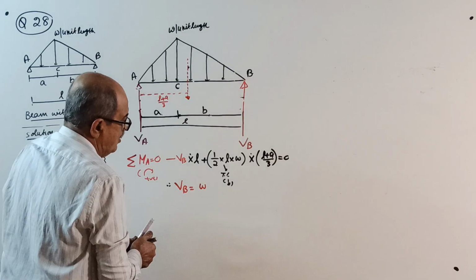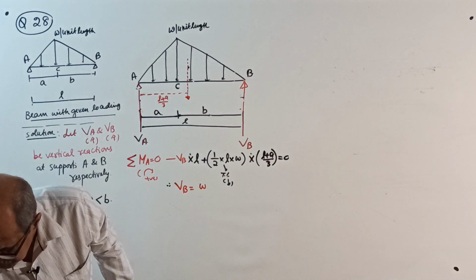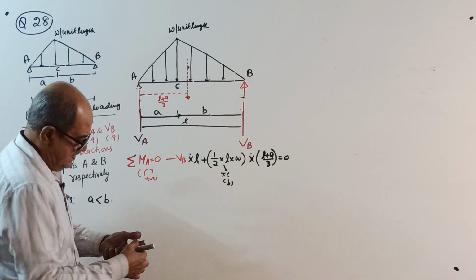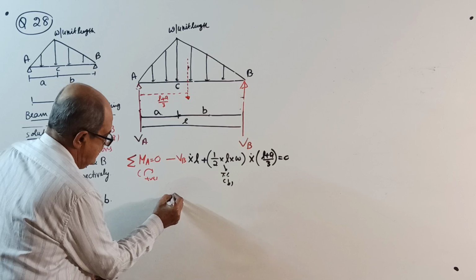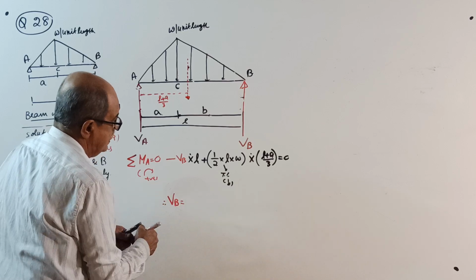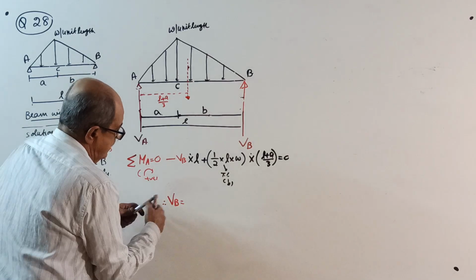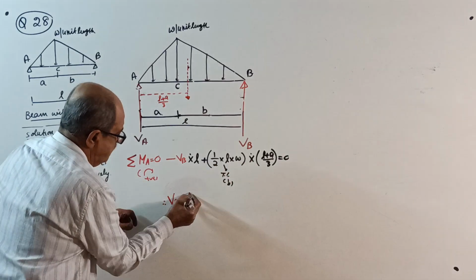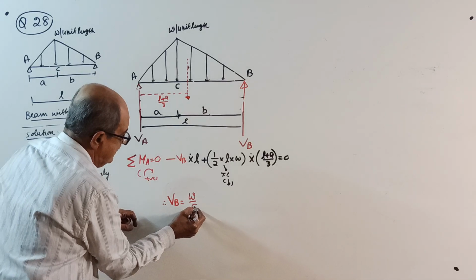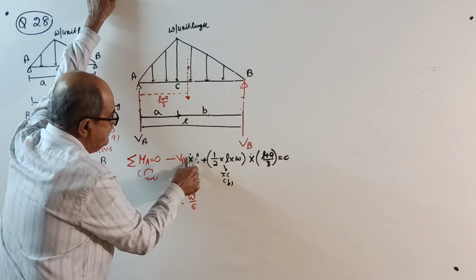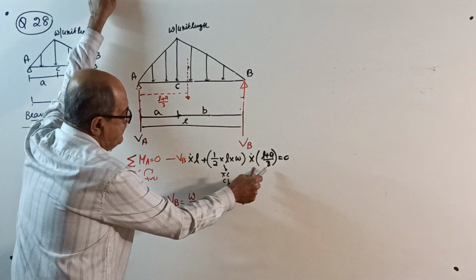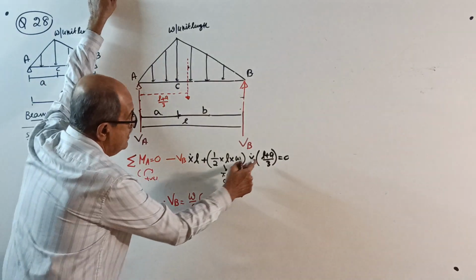I will write it down because it is obstructing there. Space problem is not there. Therefore, your VB will come W by 3 into 2, W by 6. See, this L and this L will cancel. When you take that side, L will cancel. W by 6 into L plus A.